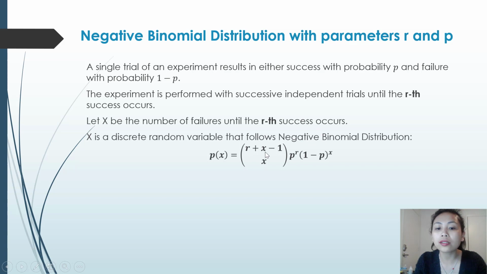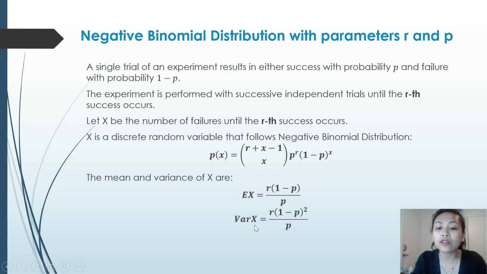So we have (r plus x minus 1) choose x, p to the r, (1 minus p) to the x. And the mean and the variance of x are E of x is r times (1 minus p) over p, and variance of x is r times (1 minus p) over p squared.